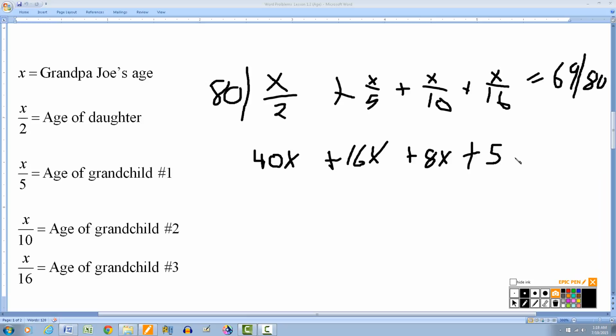And then on the right side, I'm multiplying by 80, so it's 80 times 69, which is 5520.